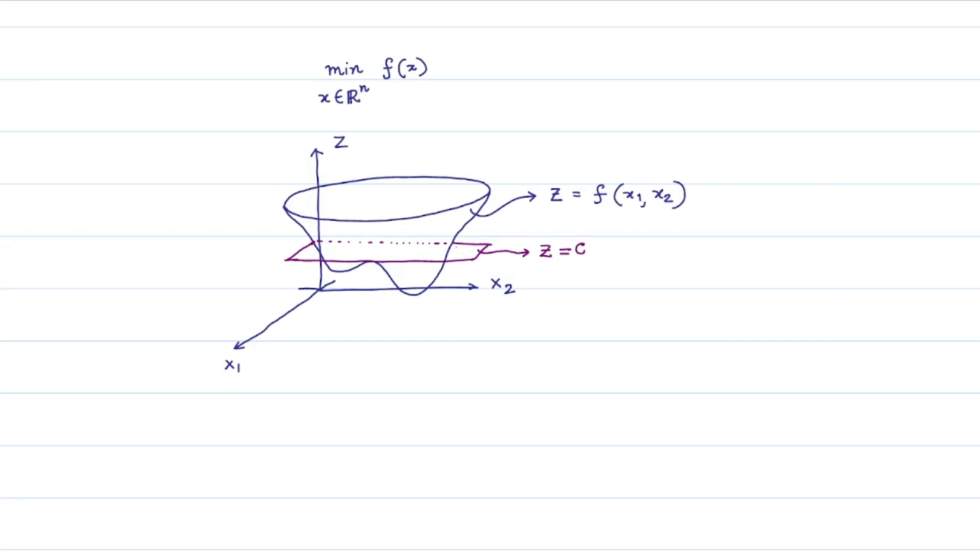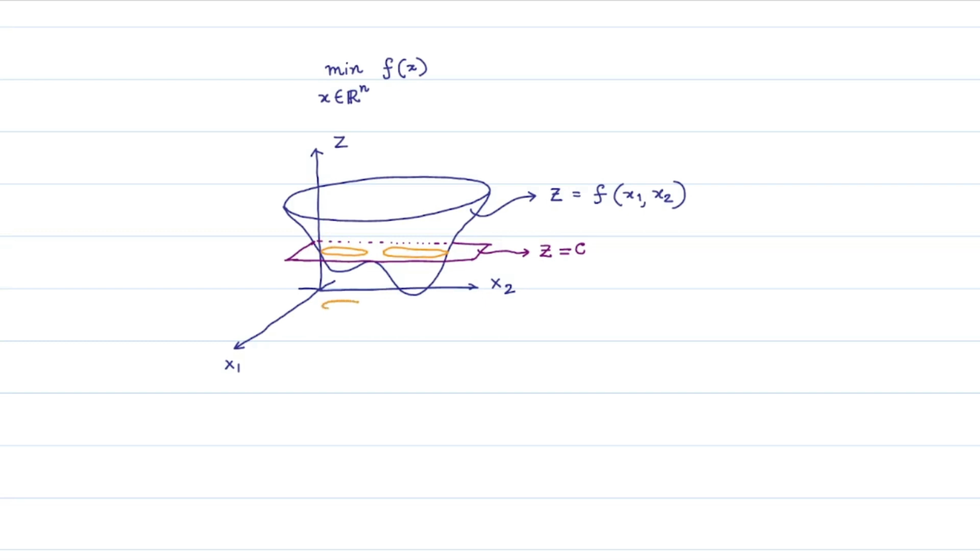Here, for this plane z equals c, the curve of intersection with the surface is, let's suppose, this curve and this curve. Now you take the projection of these two orange curves in the x1 x2 plane.